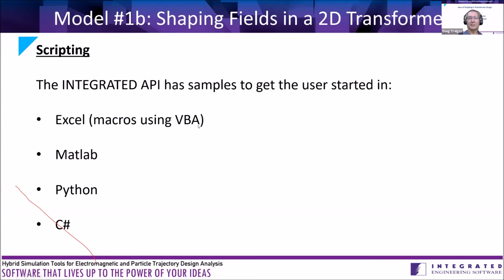It's a very simple programming environment. Everybody has Excel, and everybody can learn to do this if they have any programming capability. But MATLAB is very popular. Python is becoming very popular.